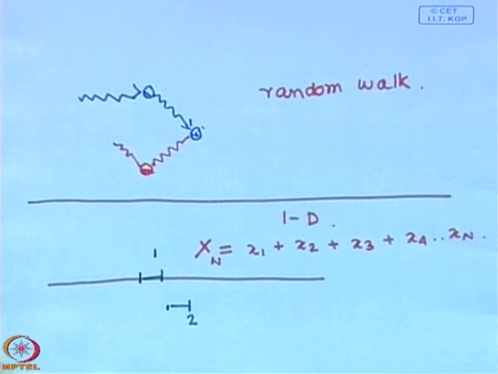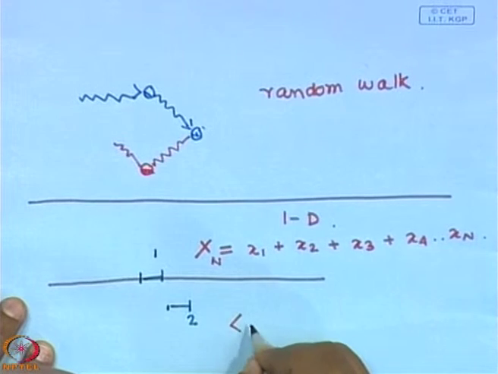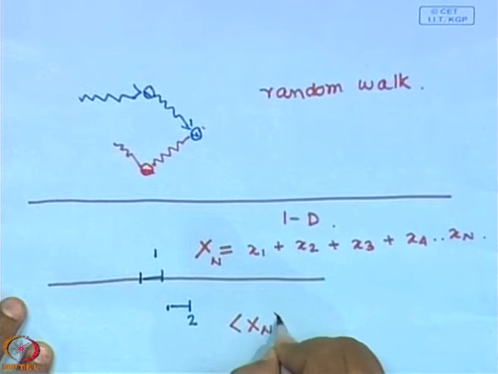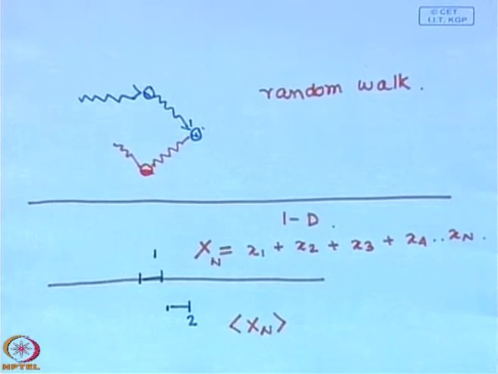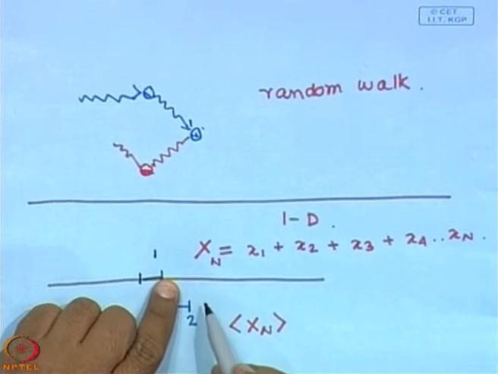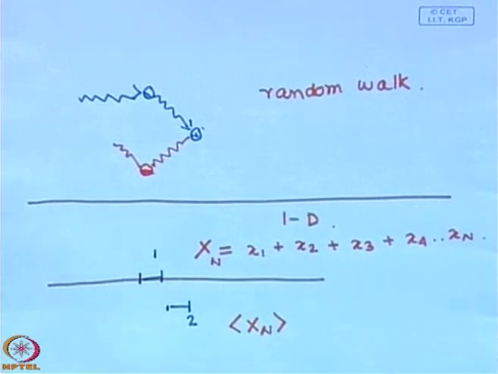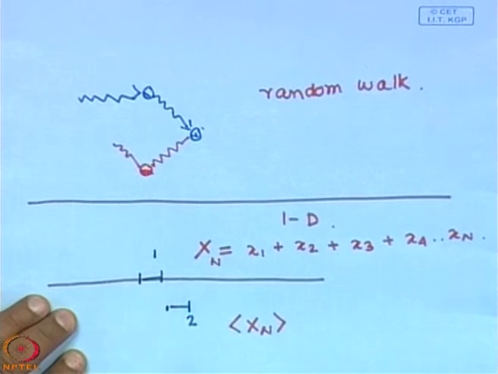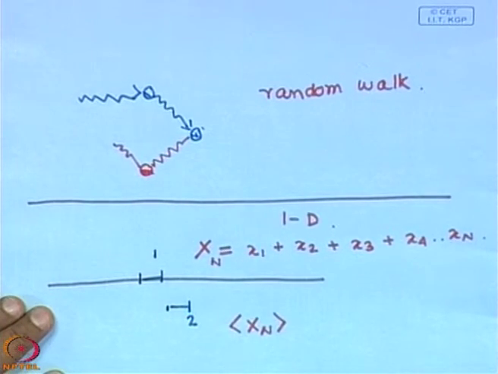So, if you now ask the question, what is the mean? Random numbers can be generated, I could have many realizations of this. At each step I generate a random number and determine the new position. I can do this process many times and ask what is the expected position of the photon after n steps.